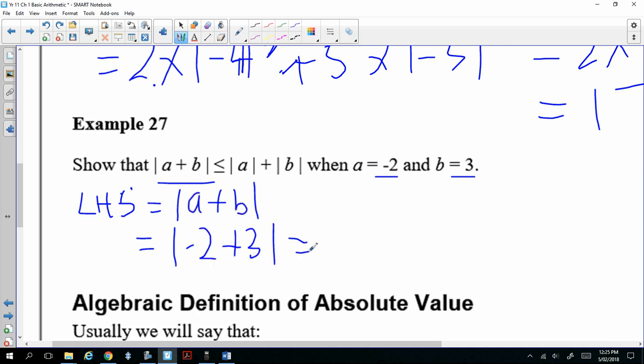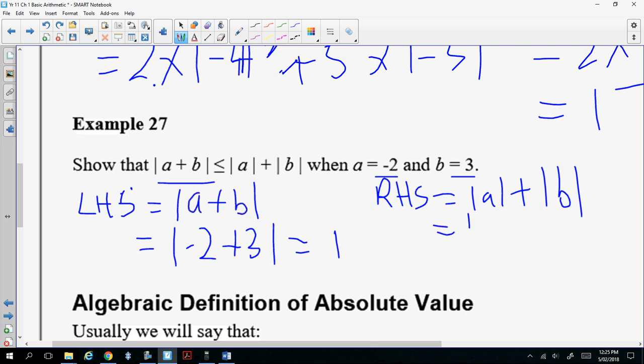On the other hand, the right hand side, you go absolute value of A plus the absolute value of B. That becomes absolute value -2 plus absolute value of +3. And you absolute value them before you add them, so that will result you in a bigger number, isn't it? 5. So therefore, this inequality upholds, so therefore we have established the left is indeed less than the right.